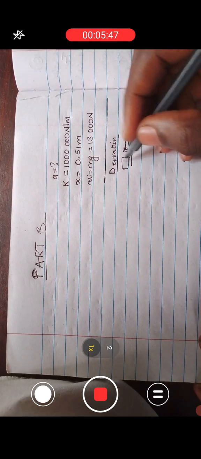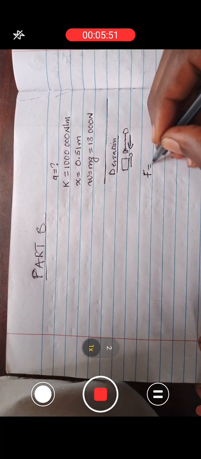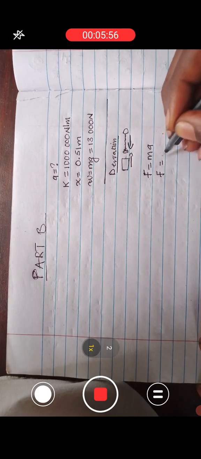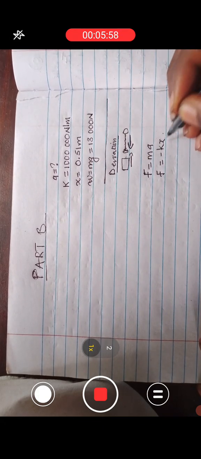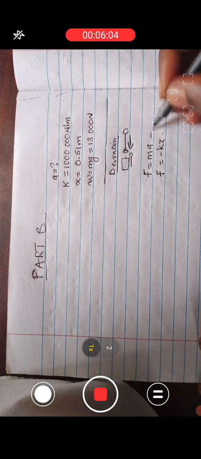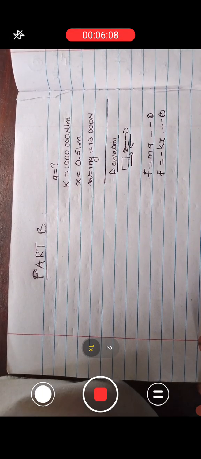The first force is the force which the car exerts on the spring. The second force is the restoring force. So we have two forces as the car hits the spring. We say that this is equation 1, and this is equation 2.